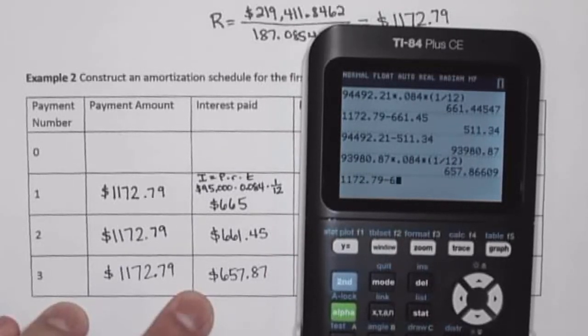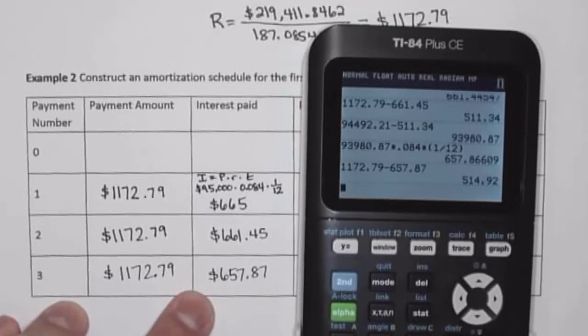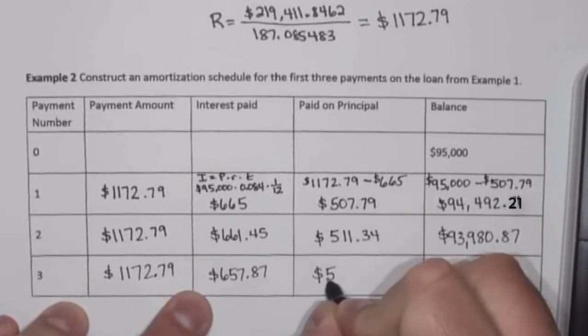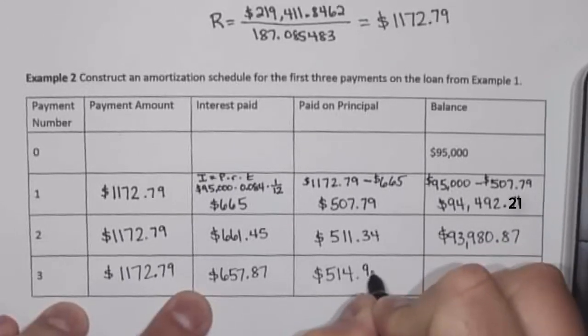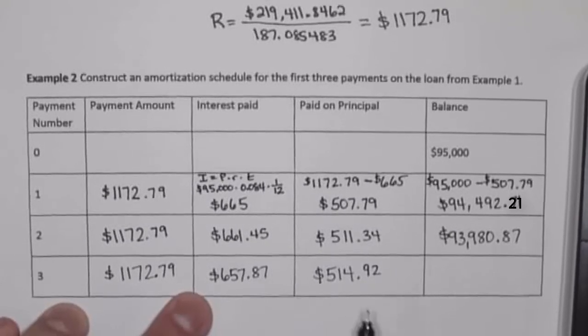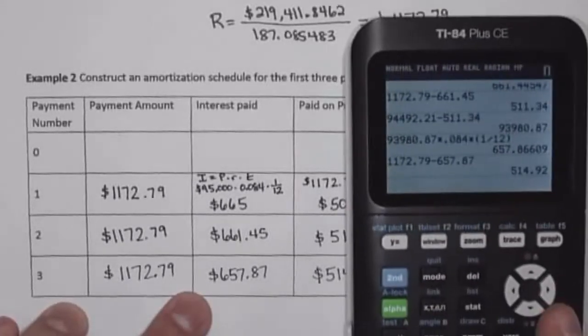$1,172.79 minus the $657.87. That is $514.92 goes towards the principal. So if I take the $93,980.87 and subtract this, then that will be my balance.